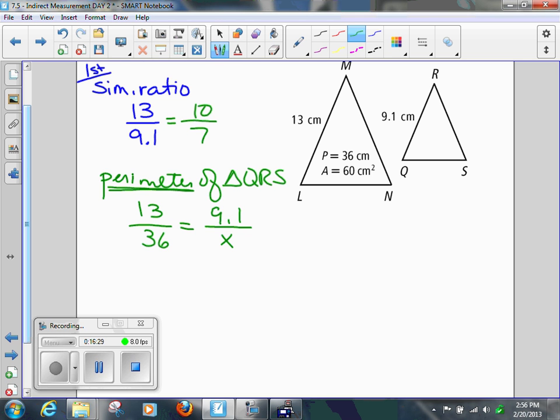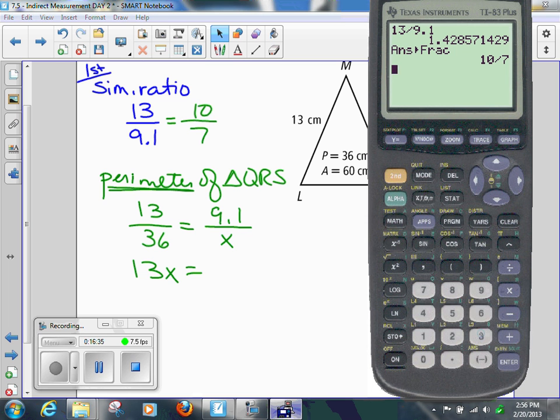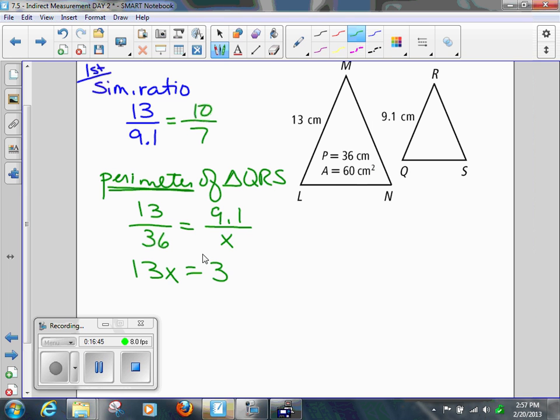All right, so let's see. 13x is equal to, I got to figure out what 36 times 9.1 is. Did y'all get 327.6? Okay. And we got to divide that by 13. 327.6 divided by 13 is 25.2.